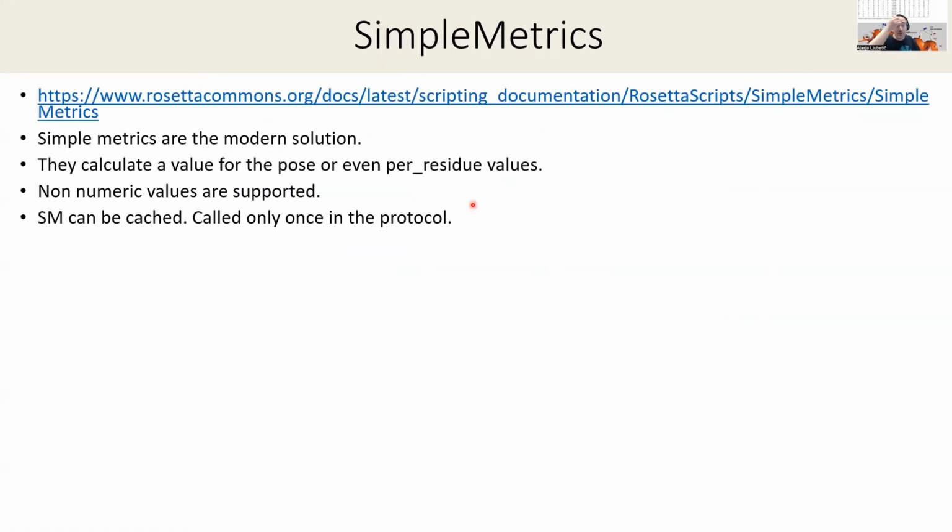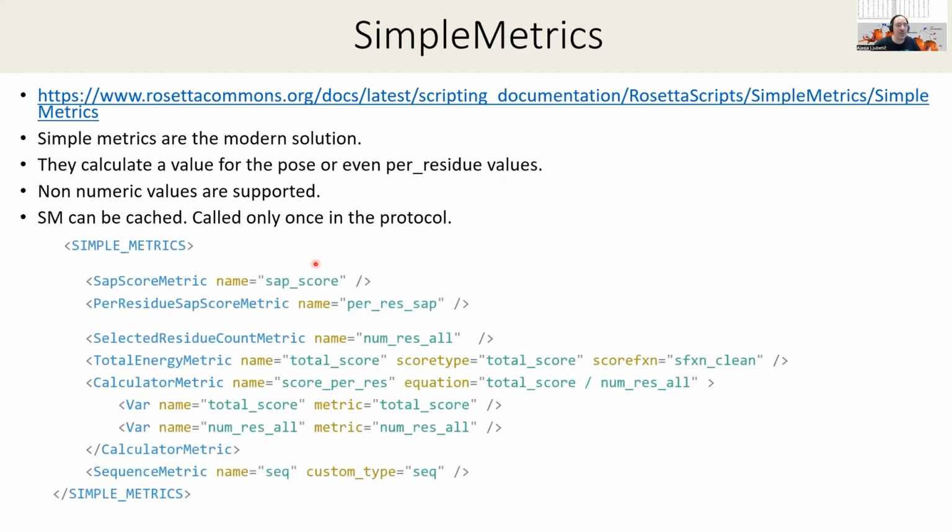And then one of the newer additions to Rosetta are SimpleMetrics. Instead of using filters to get values, you can use SimpleMetrics to get the values that you want, and they can be cached and more easily saved. Here's an example of the SAP score metric.